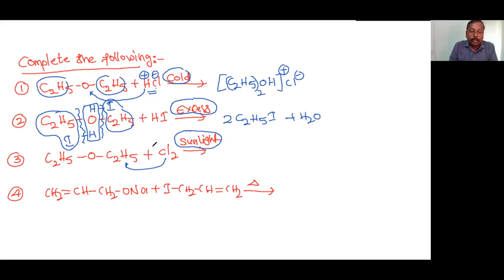So in total how many chlorines will be required? 5 here, 5 here, and 10 for the outside hydrogens. So in total we require 10 moles of chlorine.